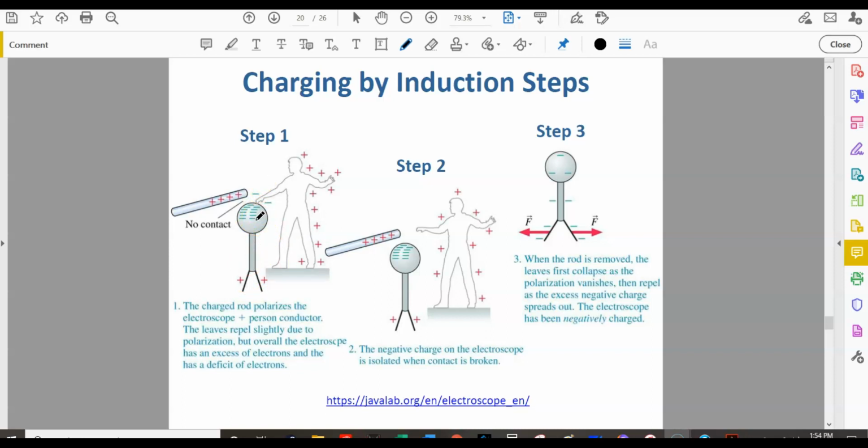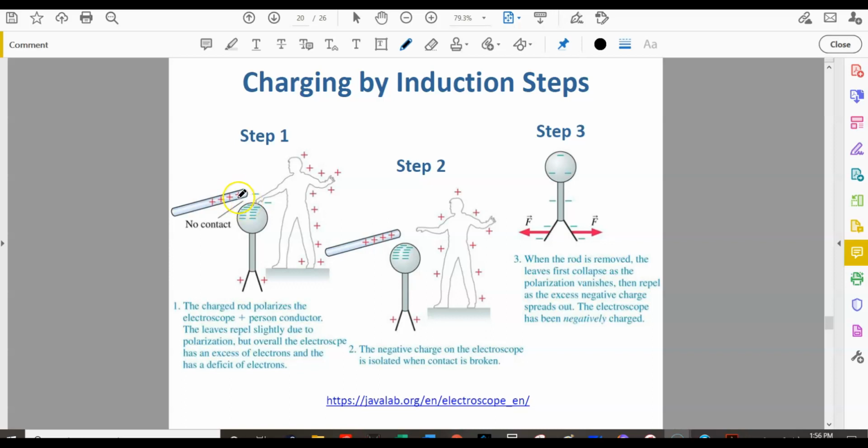Okay, so here let's describe what is happening here. You have a positively charged rod, and you bring it close to an electroscope, and a person is touching the electroscope.